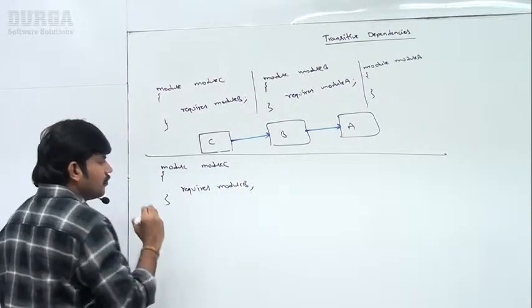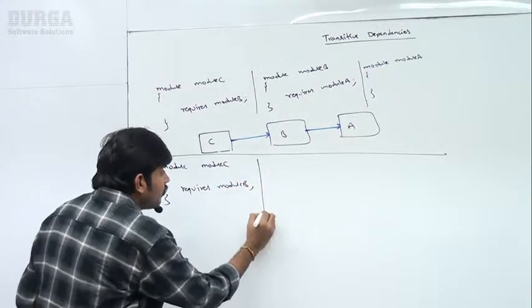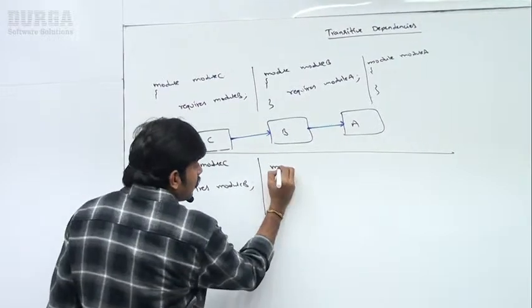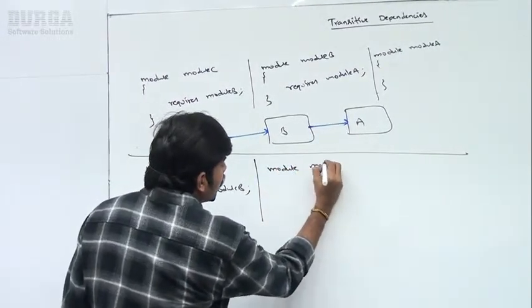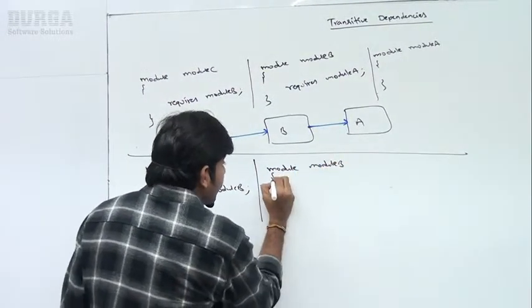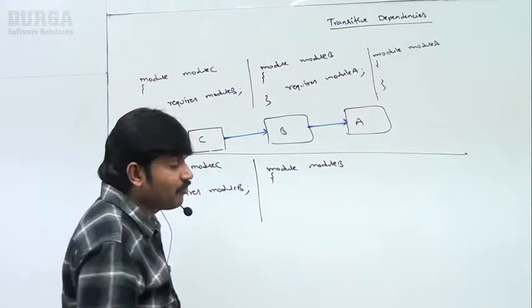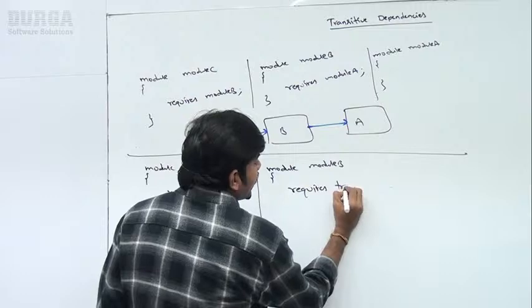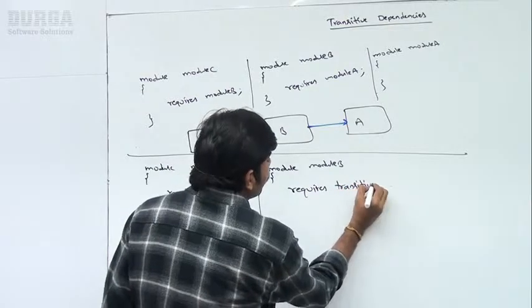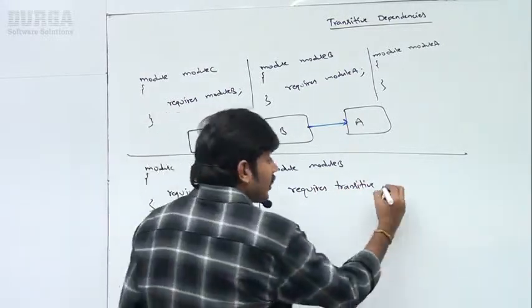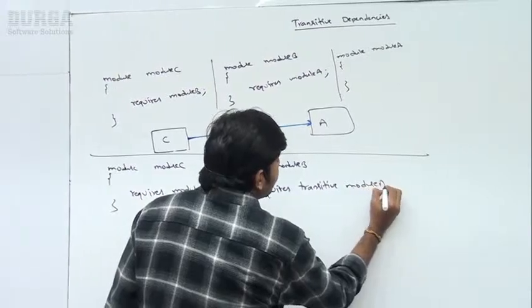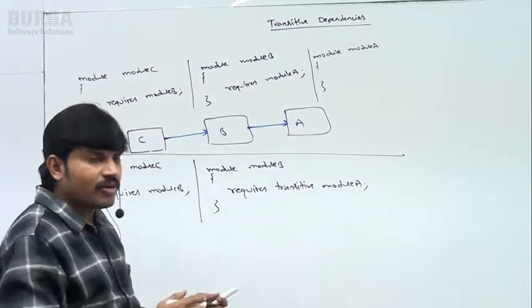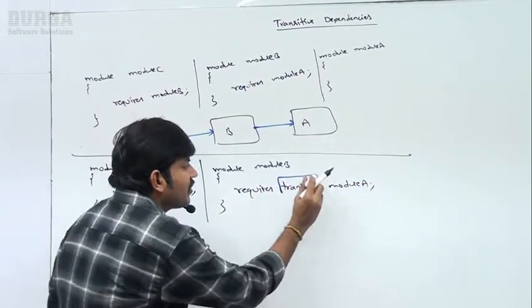Module C requires module B. Next, module B, observe very carefully, this is very, very important, requires transitive module A. Sir, observe the difference.